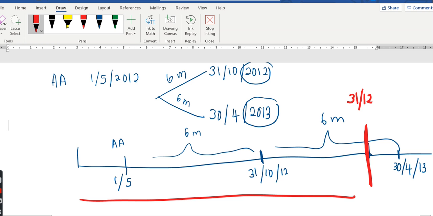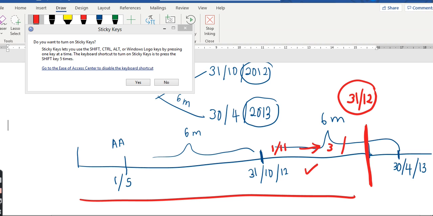As we all know, every 31st of December you need to do adjustment entries for all the expenses, including the interest expense from 1st of November until 31st of December.